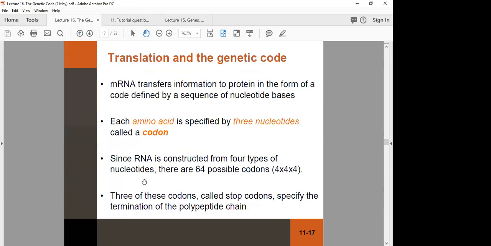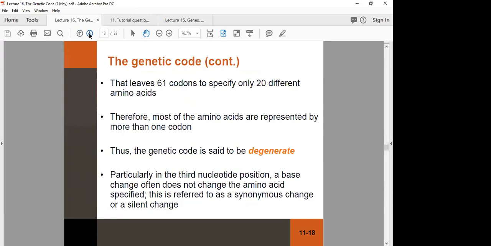All right, so we said that there are 64 possible codons. 3 of these codons, remember, are called stop codons, and they will specify the end of the polypeptide chain that's going to be synthesized. That leaves 61 codons to specify only 20 different amino acids. Therefore, most of the amino acids are represented by more than 1 codon. So we saw that some of those amino acids are represented by 2 or 4 different codons.